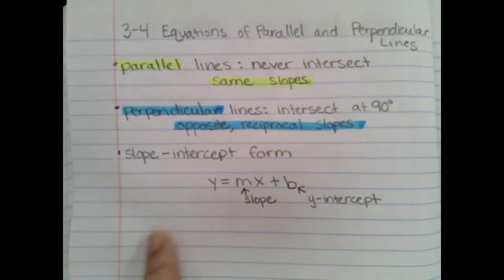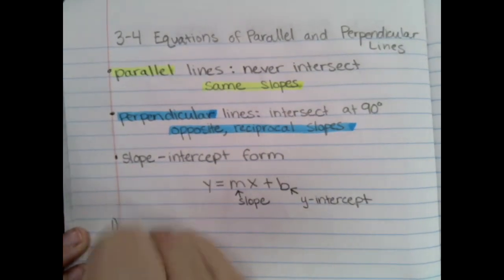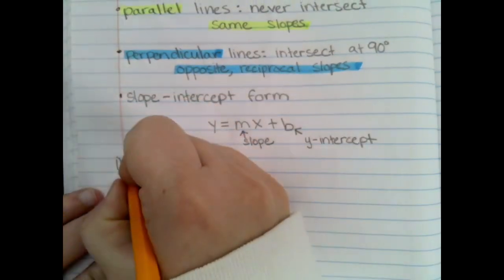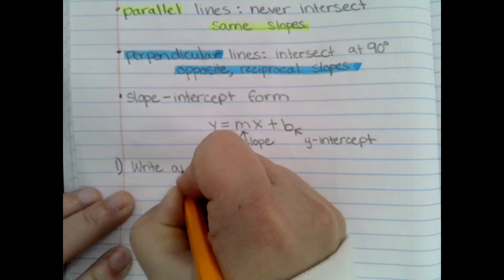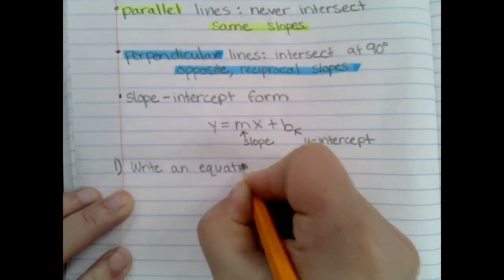All right, so we have two examples. So our first example, we're going to write an equation. We're going to write out the whole directions here, and then the next one we'll do a little bit shorter.